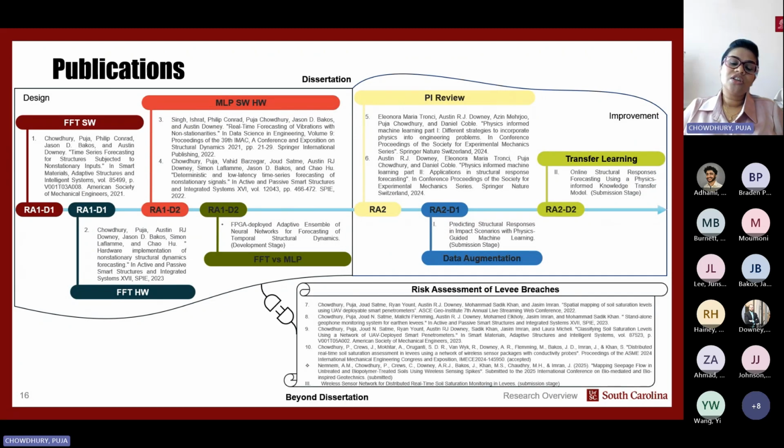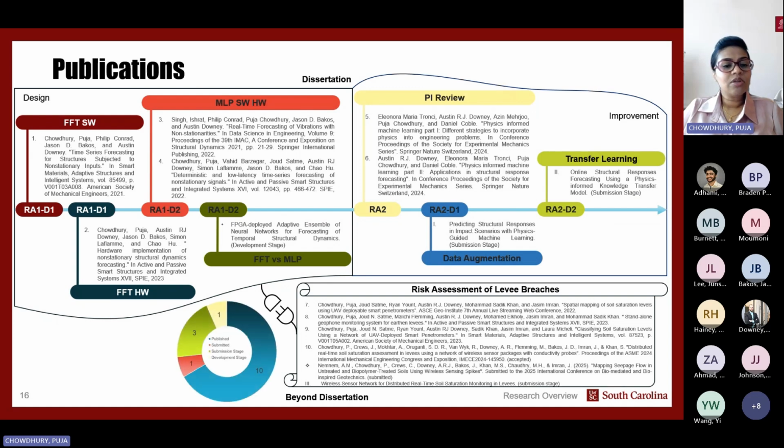Beyond this dissertation, I also worked on another research project, risk assessment of levee bridges, where I have 6 papers. So in summary of the overall publications, I have 10 published papers, 1 submitted paper, 3 papers in the submission stage, and 1 paper in the development stage.